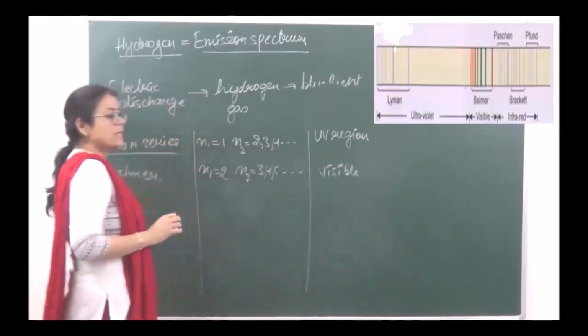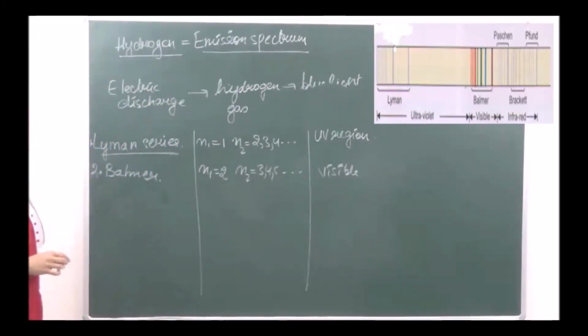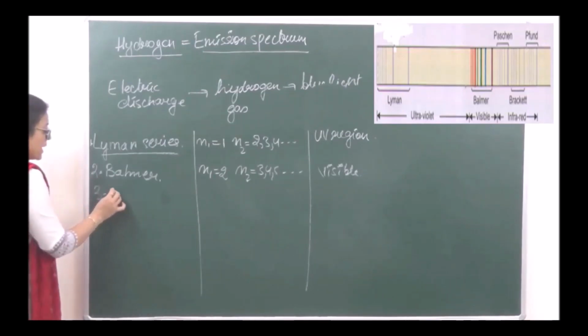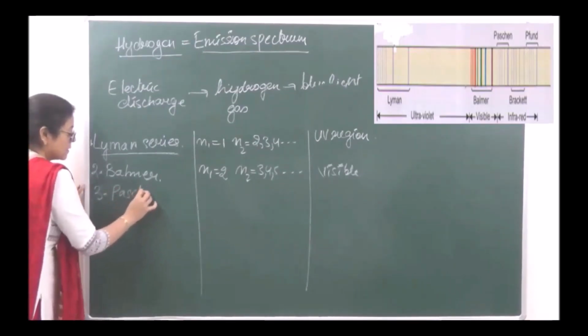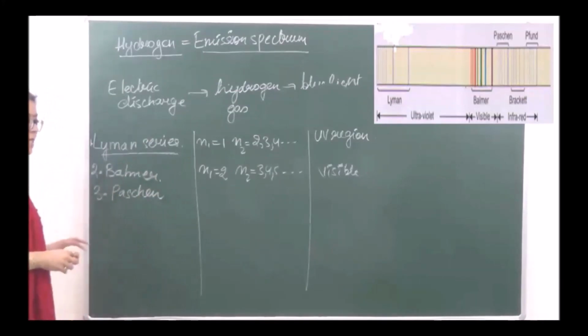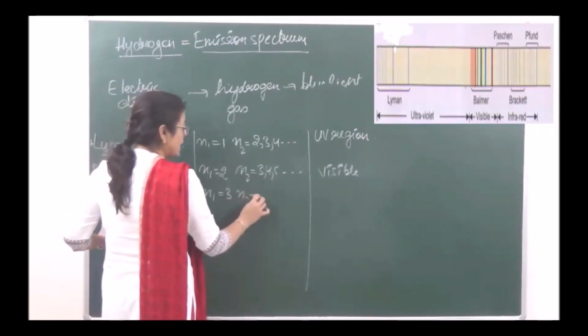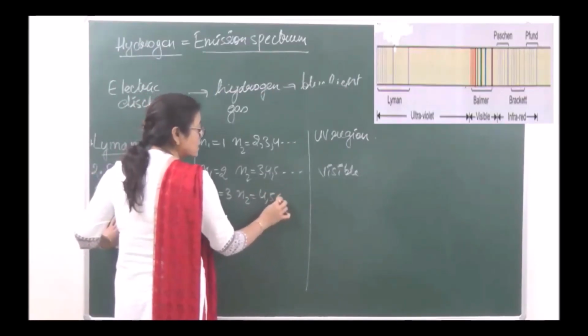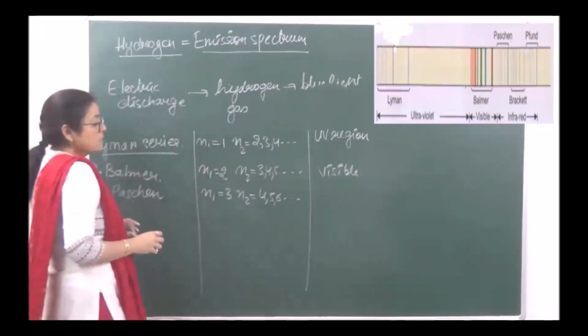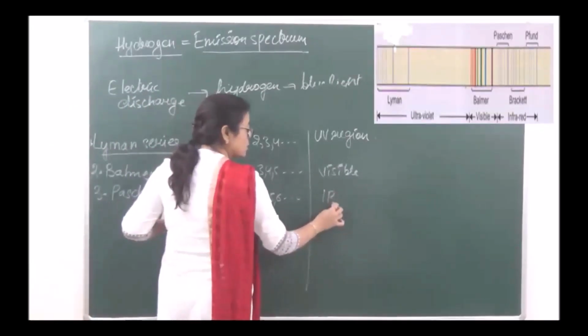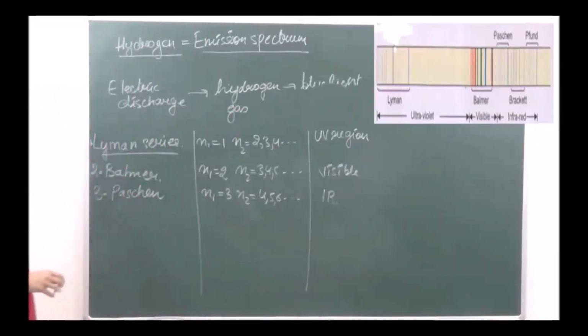Then the next one which we have is the Paschen series. For that, N1 is equal to 3 and N2 is equal to 4, 5, 6 and so on. This falls in the infrared region of the electromagnetic spectrum. Then we have the Brackett series.